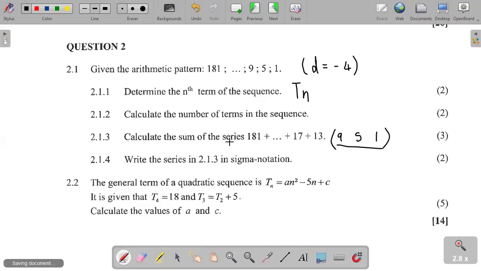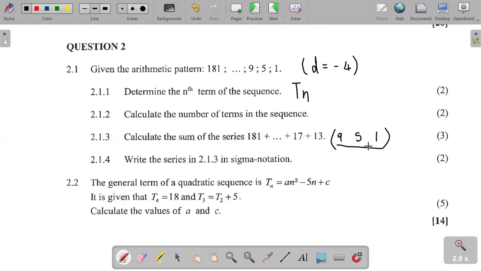So isn't it we can go from 1 to 5, and then from 5 to 9, and then from 9, then we go to 13. But then that's where they stopped. So it means that the last 3 terms were removed from the pattern.